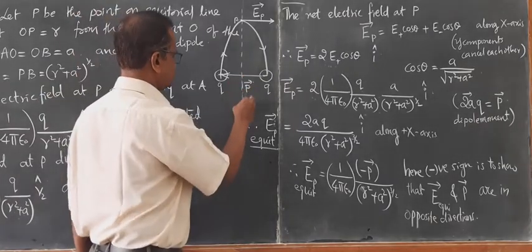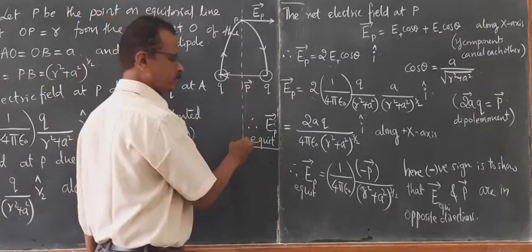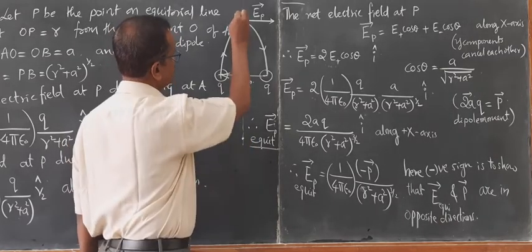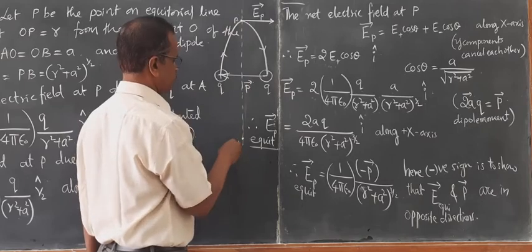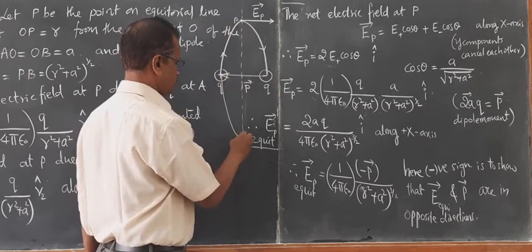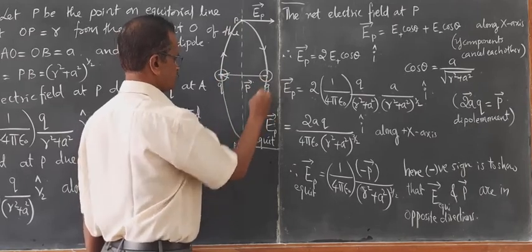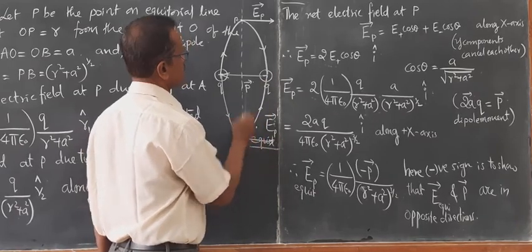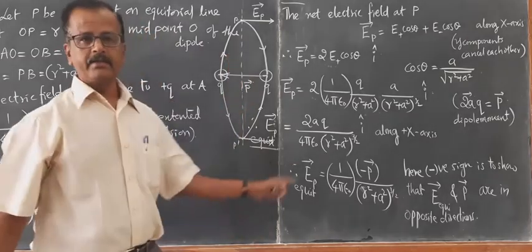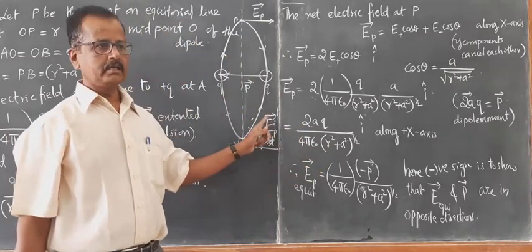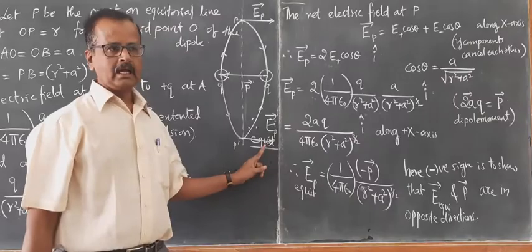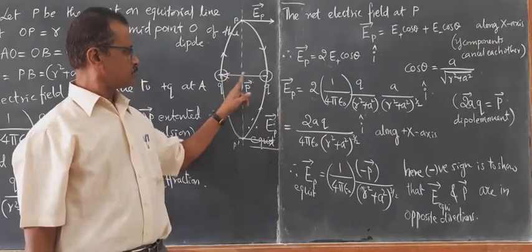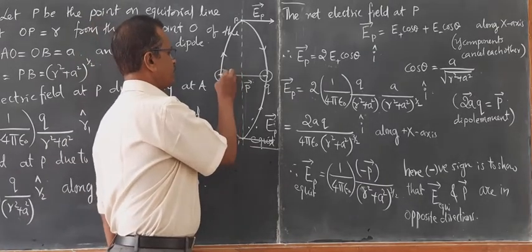Even one can draw the same kind of electric field line on the other side of the equatorial line at the same point P. Let us say this is P and this is P dash. If you draw another curved line, look at this. This is also having the similar direction. So if you draw the tangent, it is again pointing in the direction of electric field, and the direction of electric field is opposite to that of the dipole moment.